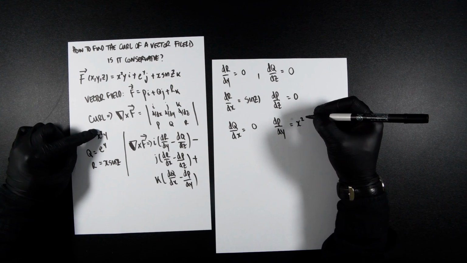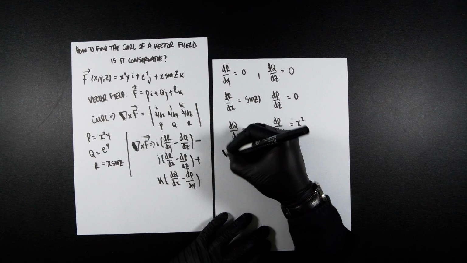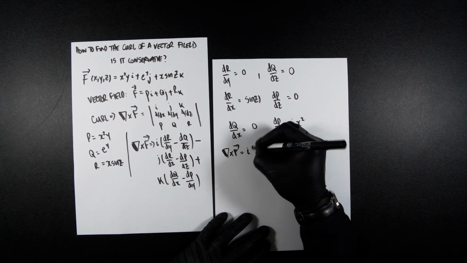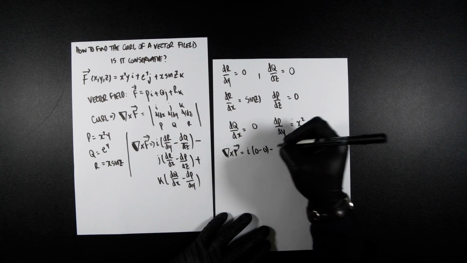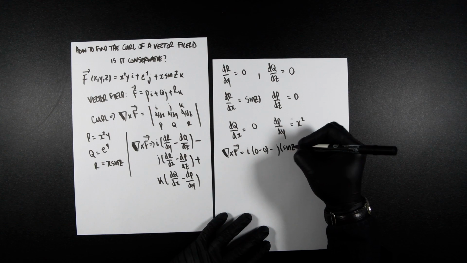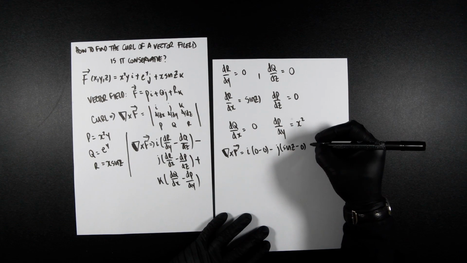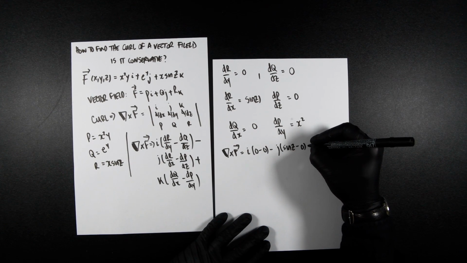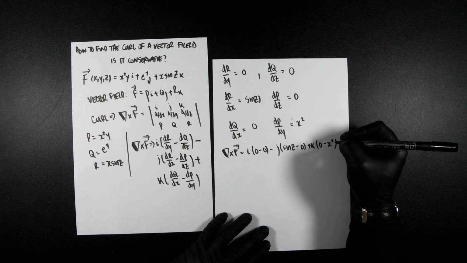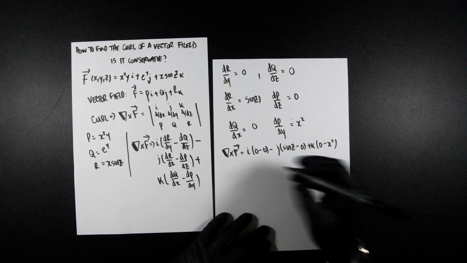So we're doing pretty well. We can now rewrite this. We're going to get I 0 minus j (sine z minus 0), and then plus k (0 minus x squared). So obviously let's get rid of all of our zeros.